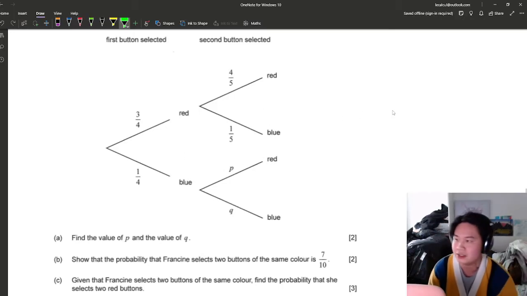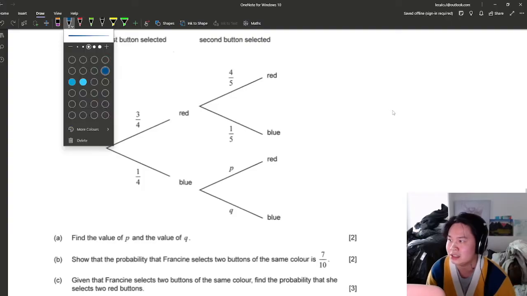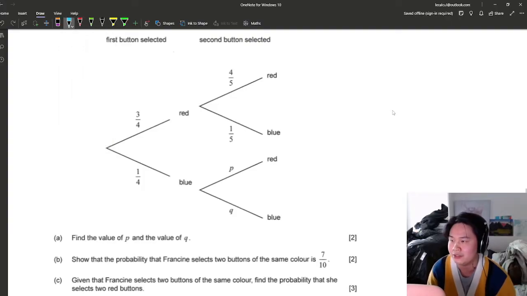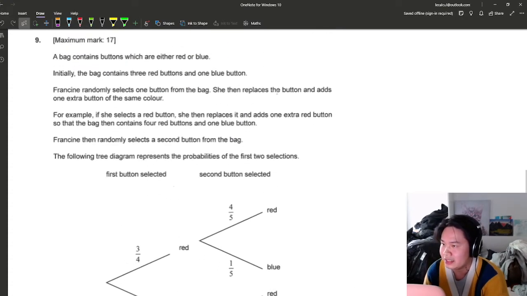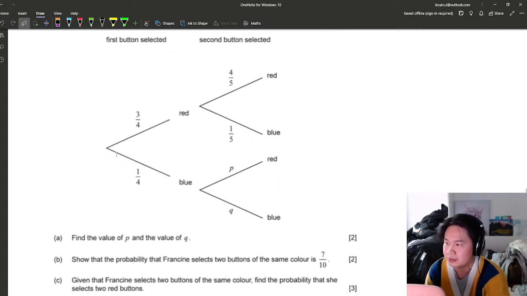That's probably what the first question is, but whenever I see a tree diagram, I like to immediately try to fill it out. So she replaces it, right? And she adds another one. So there's 3 red, 1 blue. The probability of selecting a blue the first time is 1 out of 4. Then if she selects a blue one, she puts it back, so there's still at least 1.